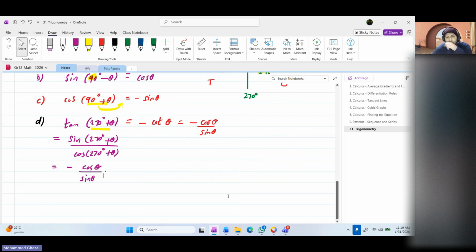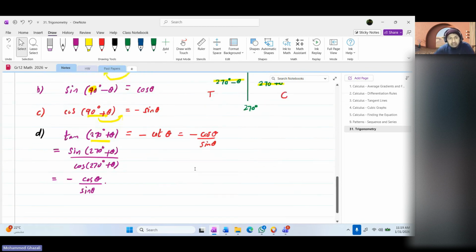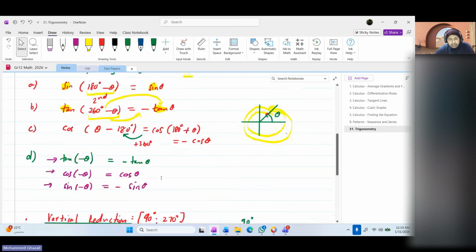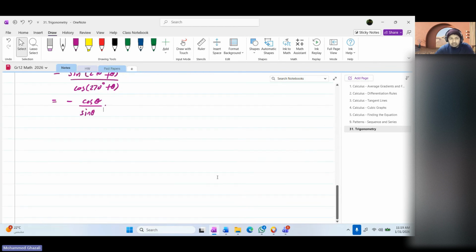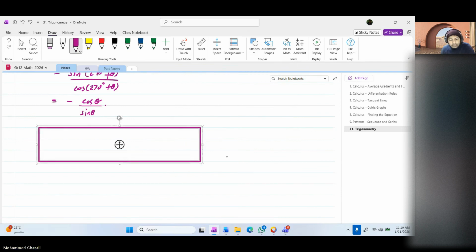Now, how is your problem structured? When you're doing reduction, don't forget your identities, two important identities that you have learned, because when we are doing reduction, you also need to simplify. The two important identities are sine squared theta plus cos squared theta must be equal to 1, and all arrangements of this.